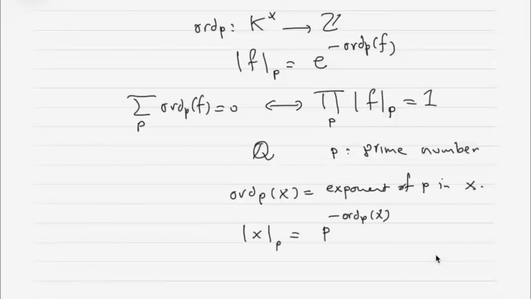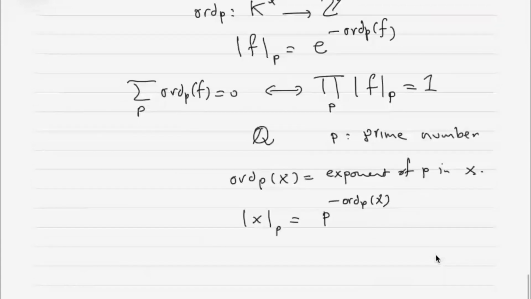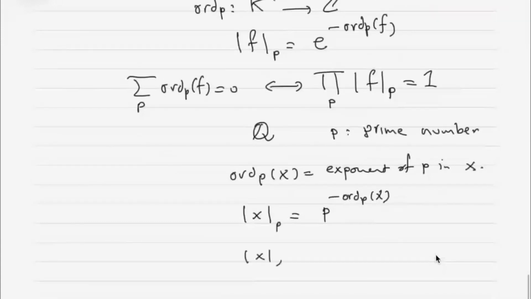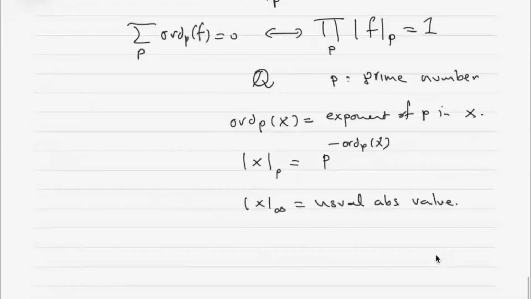And now the product formula doesn't hold if you only take primes, because there is also the usual absolute value, which is called the Archimedean prime. Therefore, you have this product formula. So you have to include infinity also.